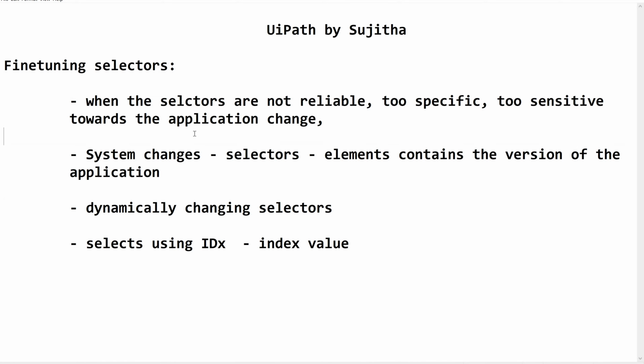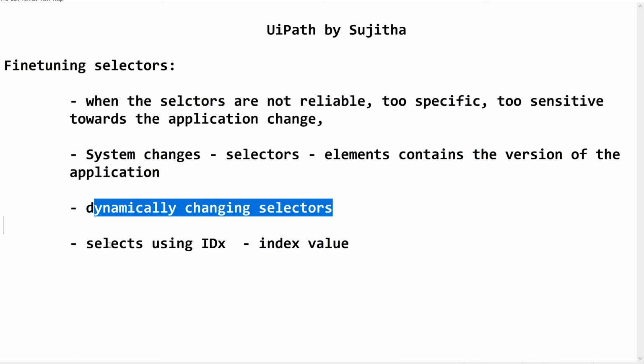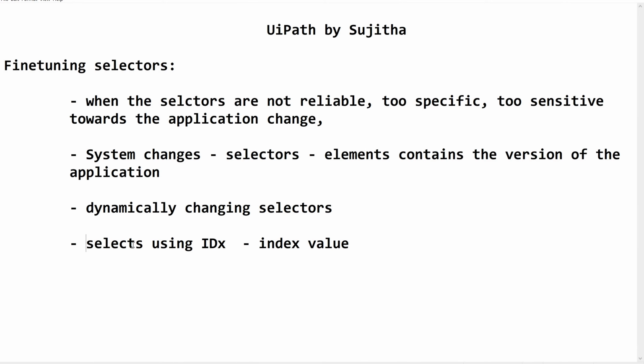Now we are clear about these scenarios, right? When there are system changes and dynamically changing selectors, when selectors use IDX values, that is, index values, and also when the selectors are not reliable, too specific, or too sensitive towards application change, in these scenarios we are going to fine tune the selectors.